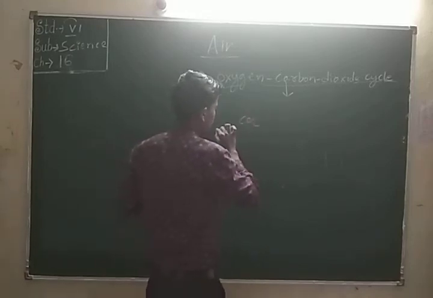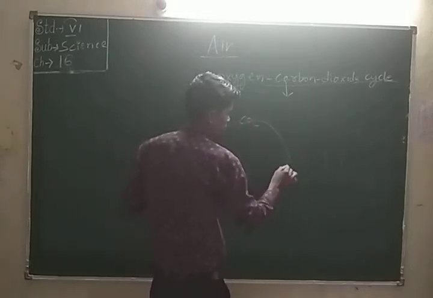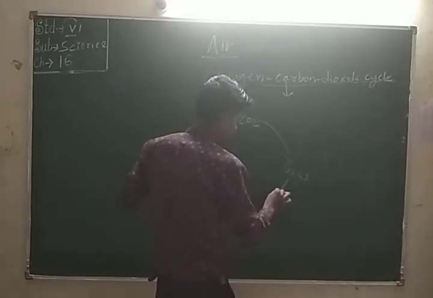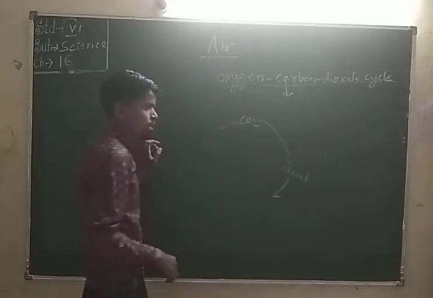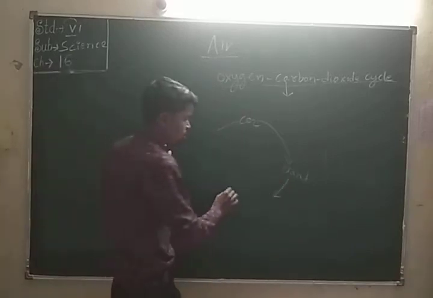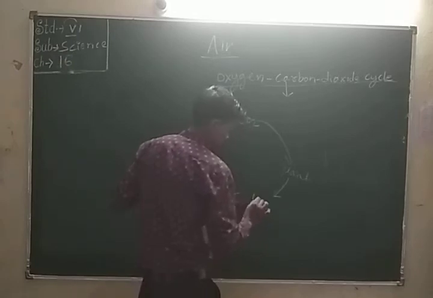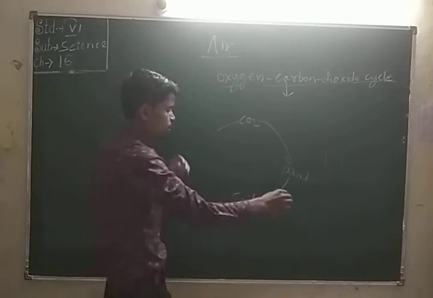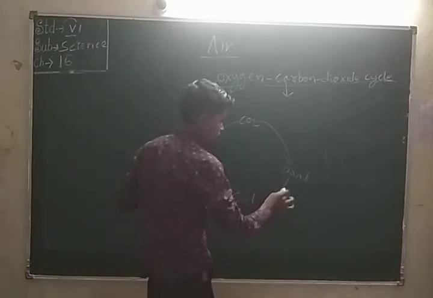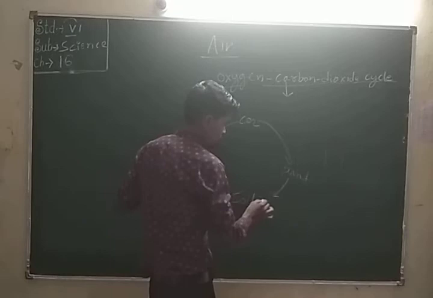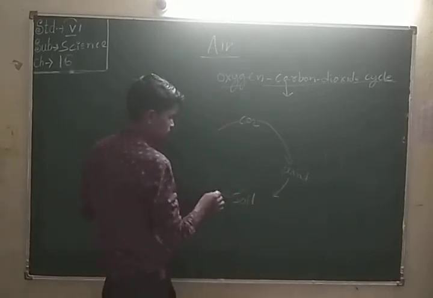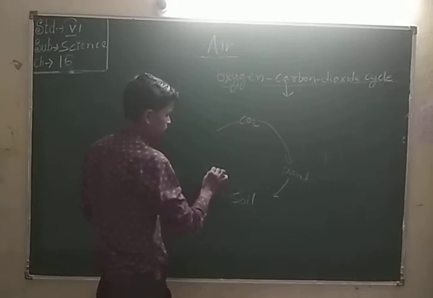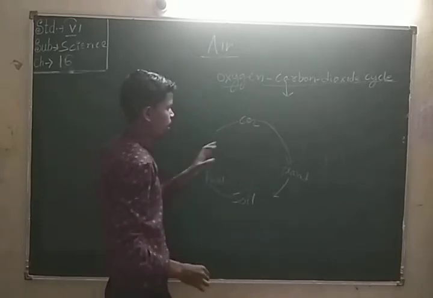CO2 is in the atmosphere and plants take carbon dioxide. Again, some of the animals' waste material comes to the soil, and plants also form different carbon dioxide. The soil comes in contact with carbon and fossil fuel, and the fossil fuel again releases carbon dioxide.